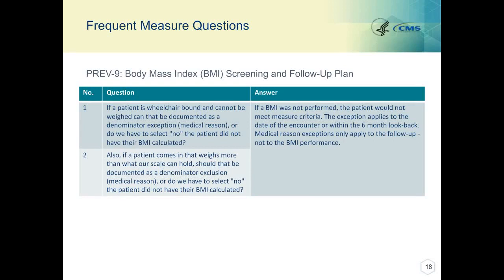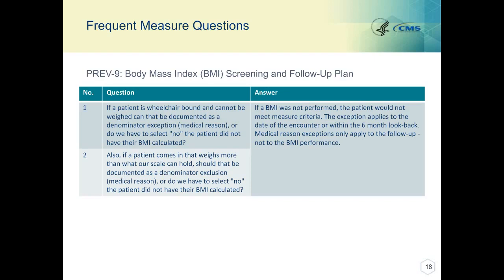So some of the frequently asked measures questions we've been receiving through ServiceNow include some Prev9 questions for the BMI screening and follow-up plan. And you will find that we have 2 different questions that really are answered by the same answer. So our first question is, if a patient is wheelchair bound and cannot be weighed, can that be documented as a denominator exception medical reason?